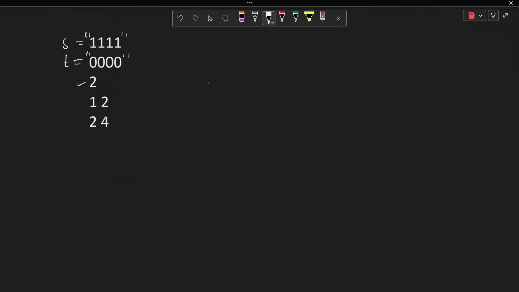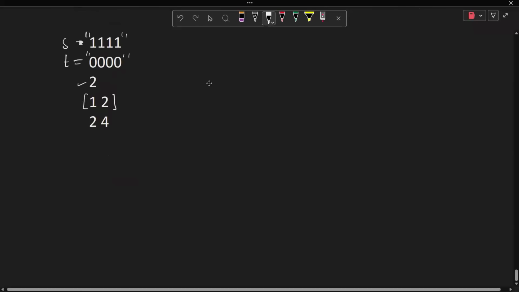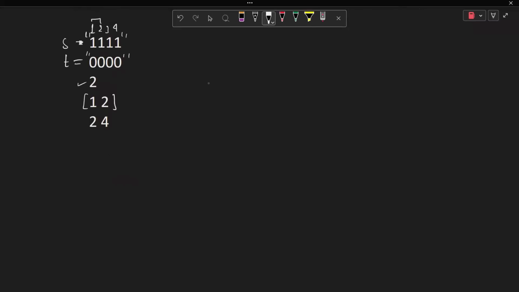The first query is L equal to 1 to R equal to 2. For one-based indexing, it is 1, 2, 3, 4, so from 1 to 2, this subarray is taken. For this query, our A would be 1, 1, and our B would be 0, 0.